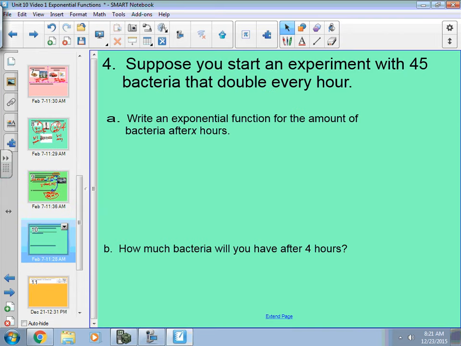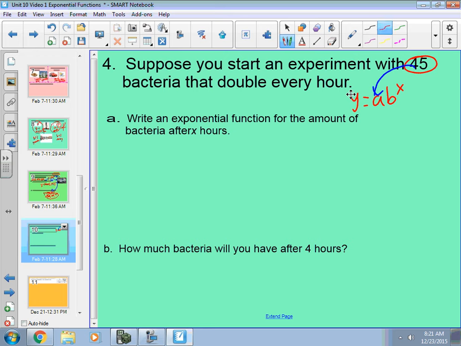All right, let's try another one. It says, suppose you start an experiment with 45 bacteria that double every hour. Write an exponential equation. So again, we want to use this form, y equals ab to the x. Let's plug everything in. Starting with 45, that's going in for a. Okay, doubling every hour, that means times 2. That means 2 is going to be our multiplier.